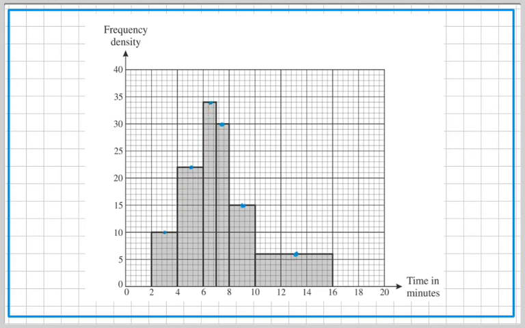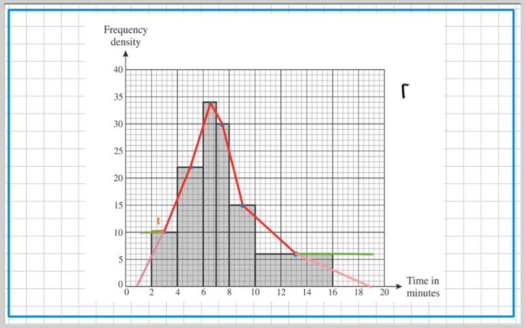You join the midpoints of the top of those rectangles. So you see the blue dots? Now join those blue dots with straight line segments like this. And where should it end? It should end because this width is 1 unit. So therefore, it would end like this.